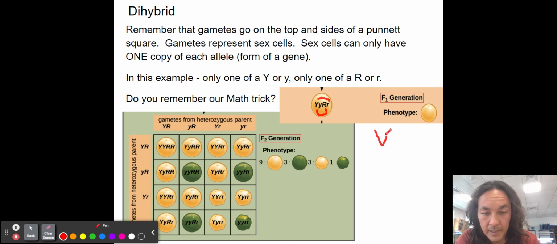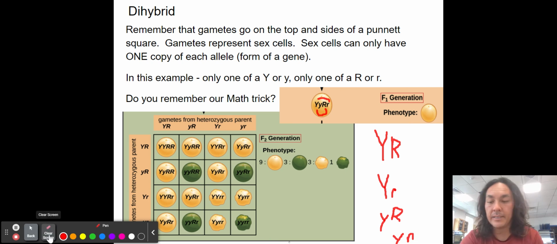So we're going to go big Y, big R, big Y, little r, inner, little y, big R, last, little y, little r. So that's a good example of me needing to have checked my picture before making this.